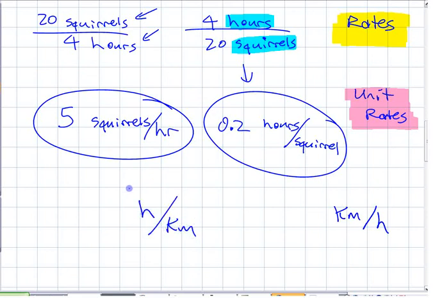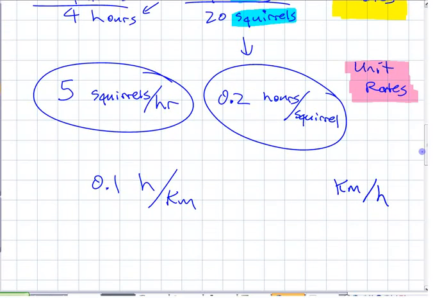It's the same thing, but it might be like 0.1 hours per kilometer. That's how long it takes to go 1 kilometer, right? 0.1 of an hour. You can write ratios 2 ways. You can think about rates 2 ways.